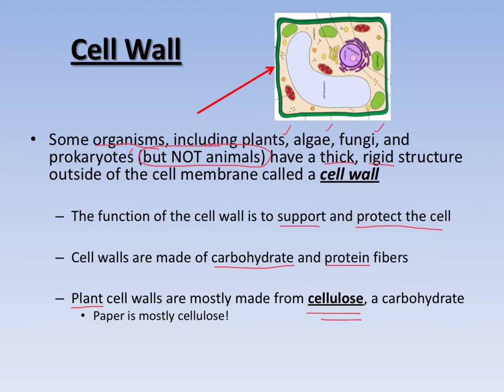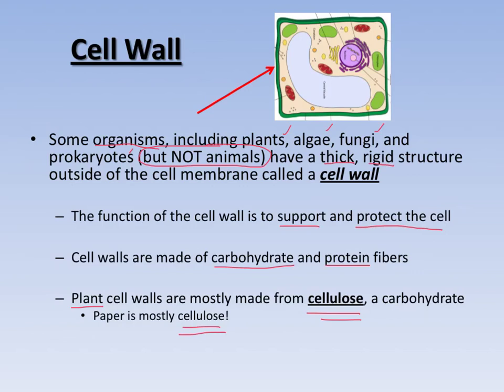Cellulose also is really hard to break down and digest. So any sort of paper or wood product that you see is mainly just leftover cellulose from dead plant cells. So paper and other paper products, wooden tables, wooden chairs, the wood that you use there, that's mainly cellulose.